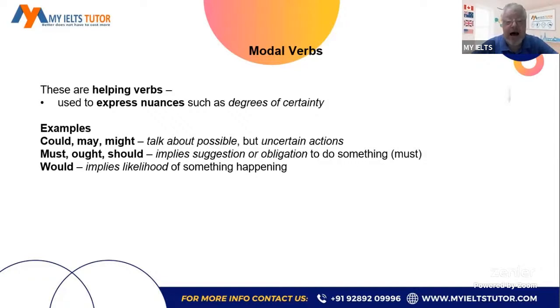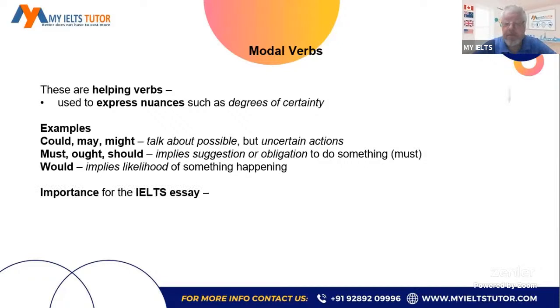This is not a complete list of the modal verbs, and I really recommend that you guys study these. Okay, they help make your sentences much richer, more readable, more understandable, and they will increase your score for grammar when you use these correctly.